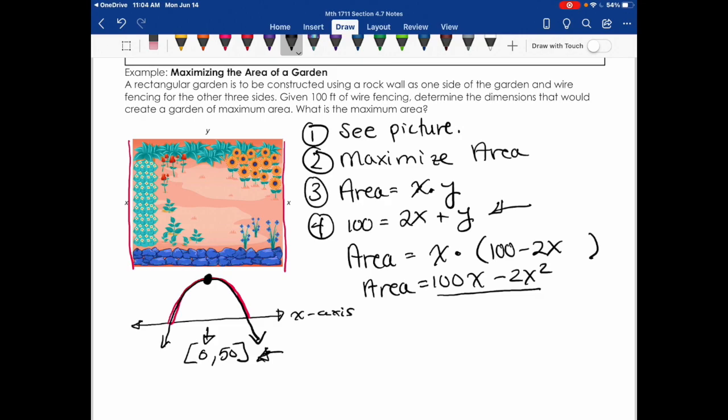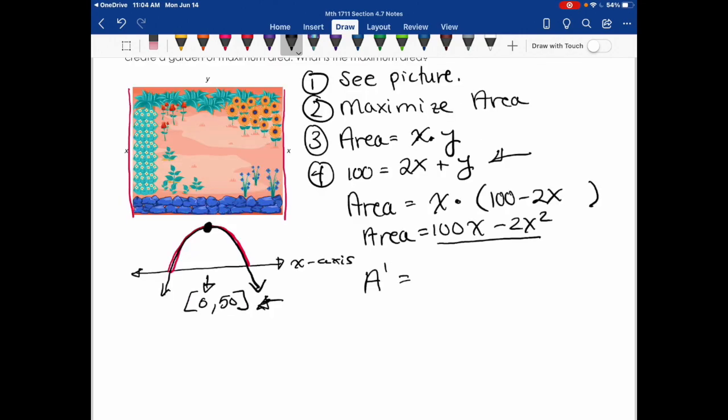So I need to take the derivative of the area, and I'm going to get 100 minus 4x. Now my critical points for that, let's see, I'm only going to have one at 25, right? That's what makes the derivative of the area 0. Nothing would make that undefined, so I only have one critical point.